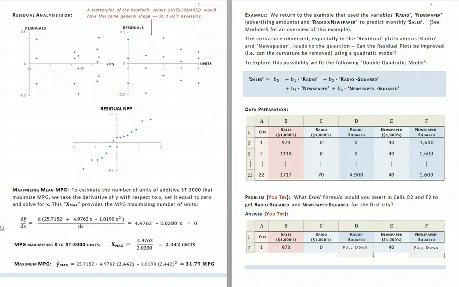To get a more precise value, we differentiate the estimated regression equation for miles per gallon with respect to units of additive x.